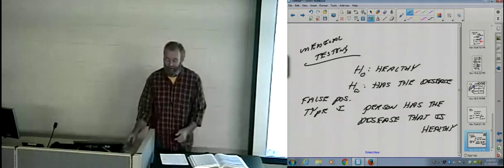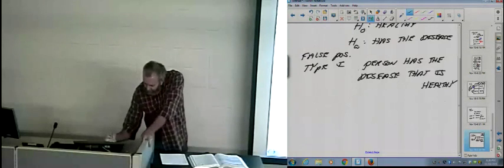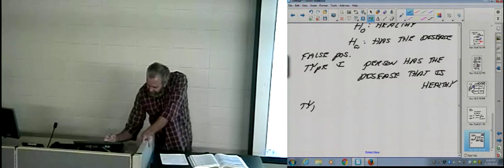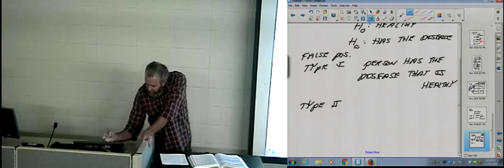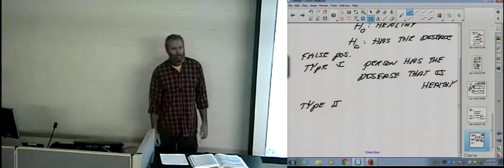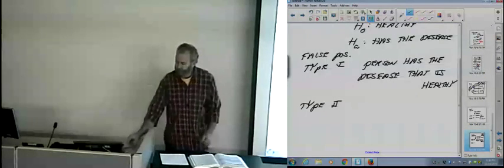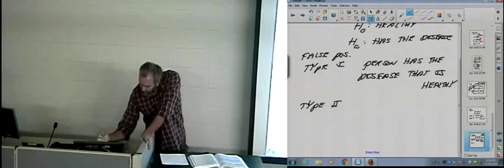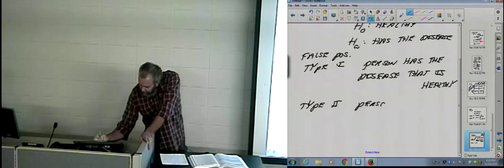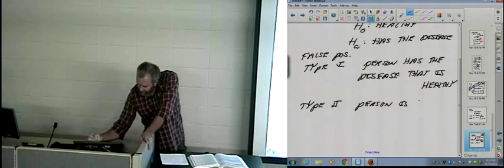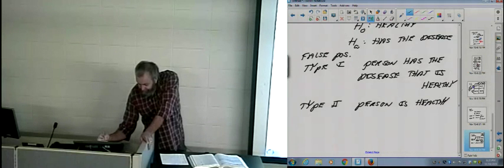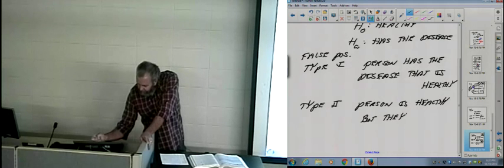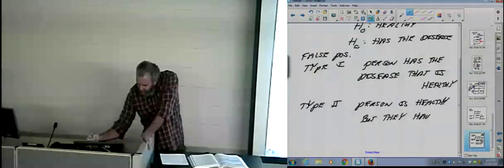What's a type 2 error here? What does it mean to accept the null when the alternative is true? Well, the person is healthy by the test, but they have the disease.